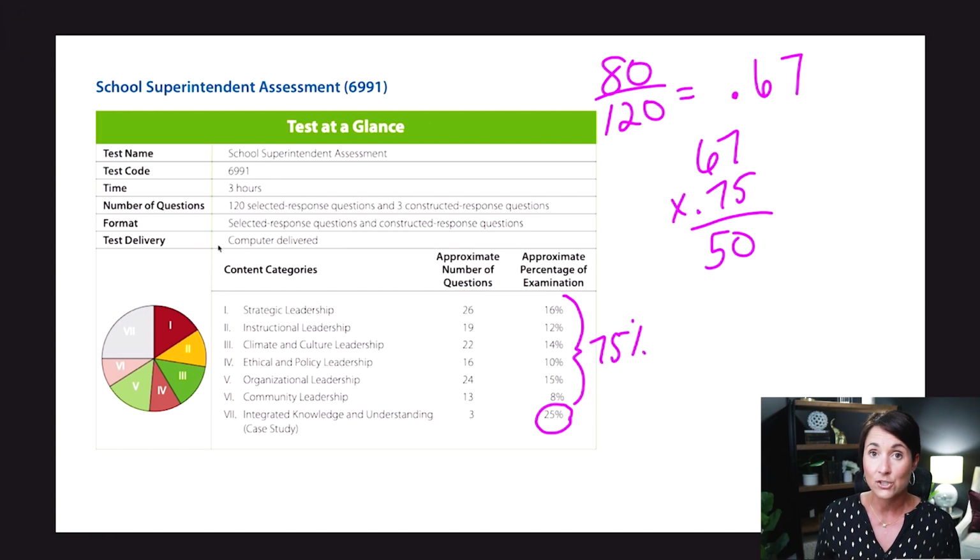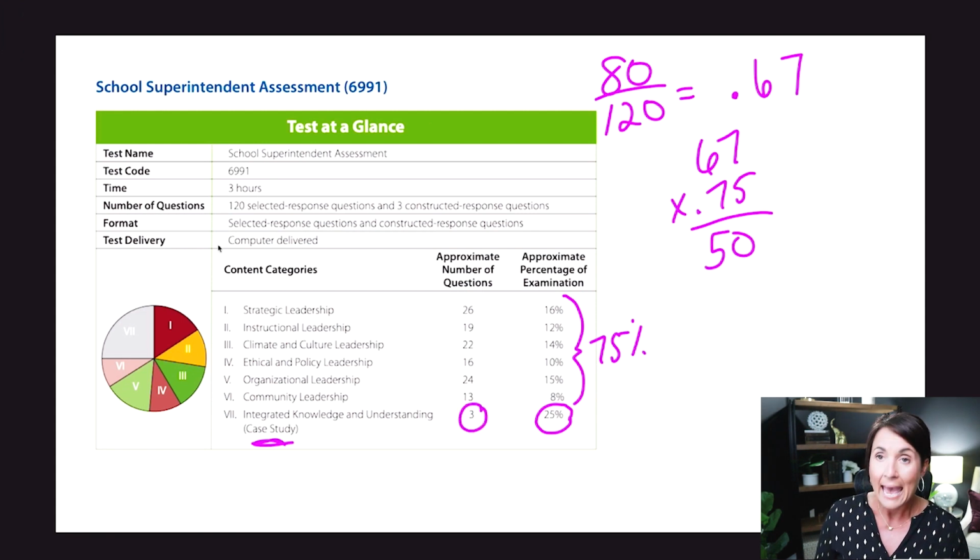Now let's talk about the constructed response. The case study, or the writing portion of the exam, there are 3 questions and you can get up to 3 points for each question. So you have 3 times 3, which is 9.